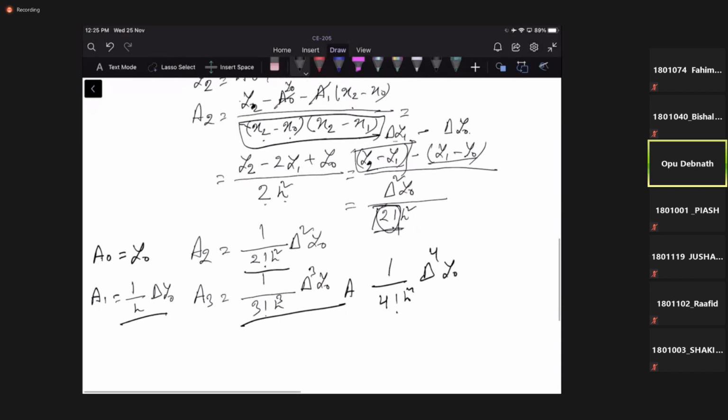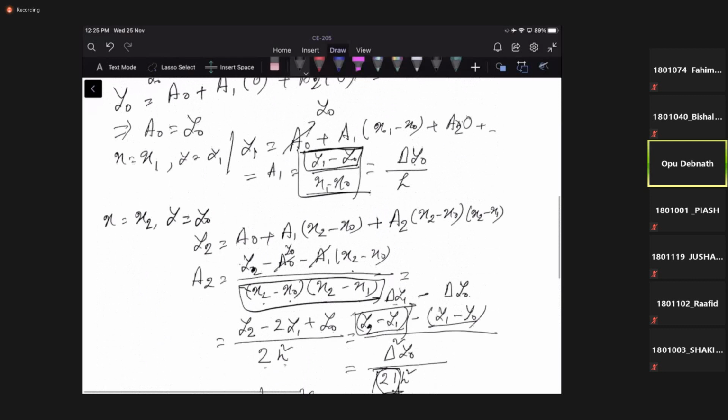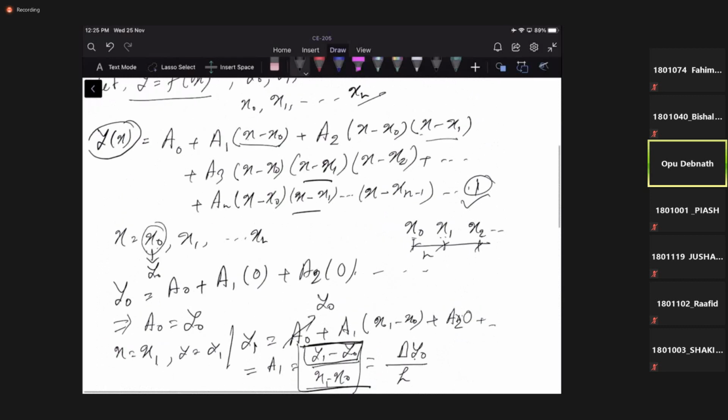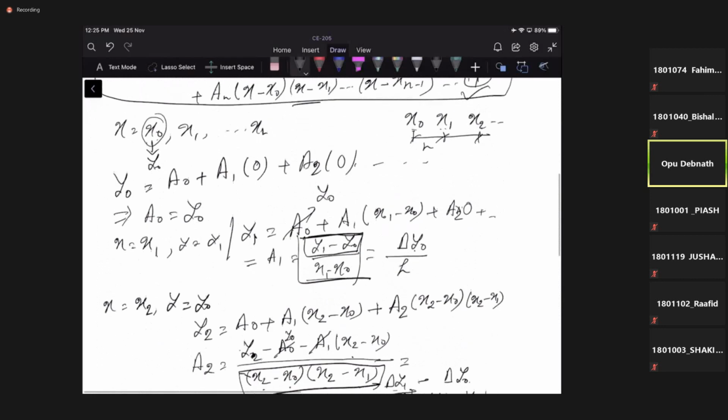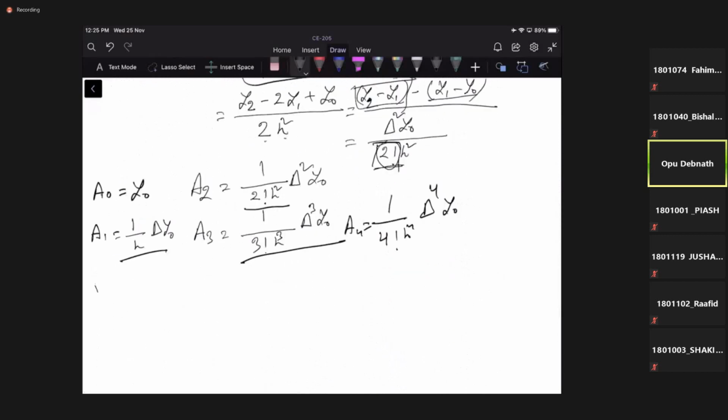This is a4. So now go to the equation. Now we put all the values of constants into this equation. If you put this, you will get a generalized equation y of x. y of x and f of x are the same thing, there is no difference.